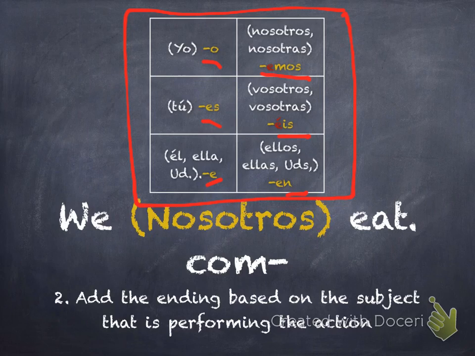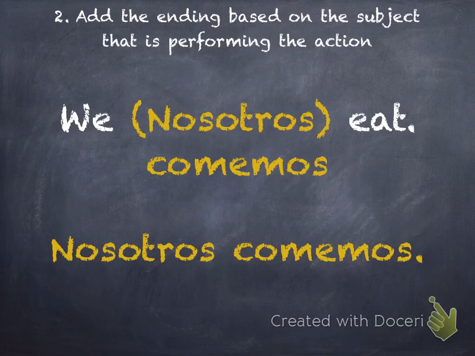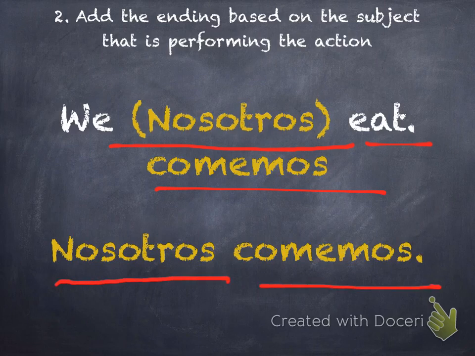Now we have to add our ending based on that. And we look over here for the nosotros, it's the emos. So now we have we, nosotros, eat, comemos. So our full sentence is nosotros comemos. We eat. But now the eat matches we.